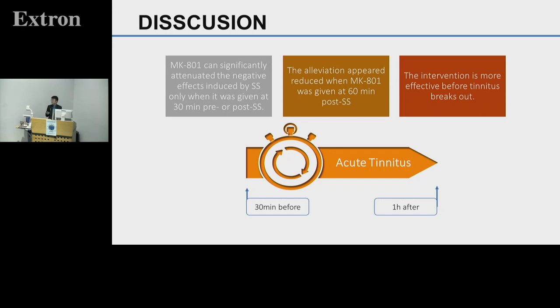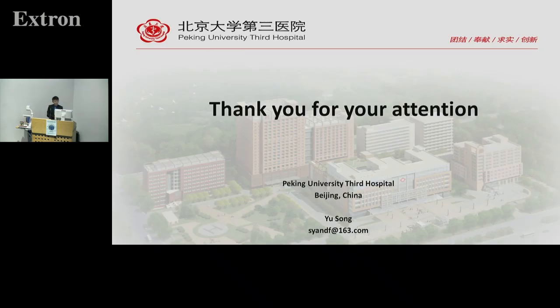And if we meet an acute onset of tinnitus and we don't know the exact reason, it's best to treat as early as possible. Maybe not like this in basic research, but clinically, maybe the earlier the better. So that's what I did. Thank you very much.